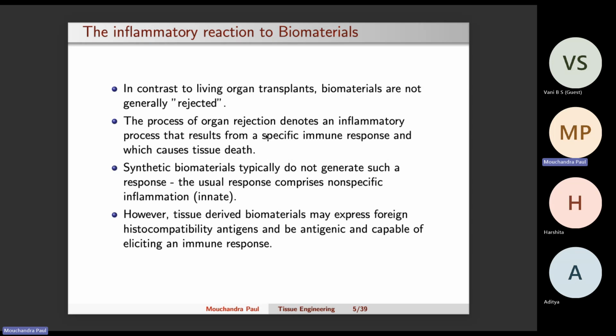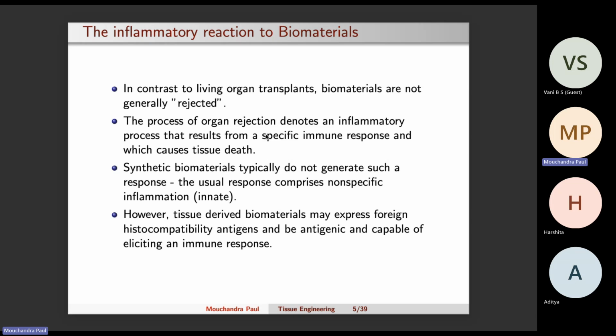All right. But there is again an exception. If you are using a biomaterial which is derived from an animal source, maybe decellularized tissue, like you have gotten a tissue from a patient, human or animal, you remove the cells, so you are only using the decellularized tissue, that is, only the ECM part.